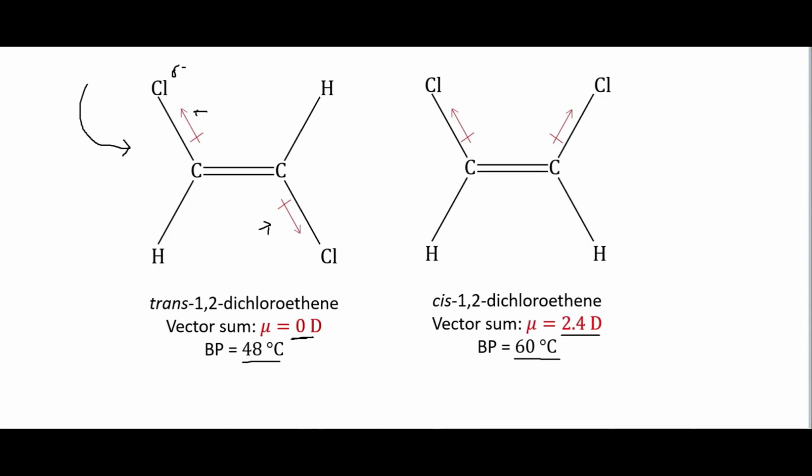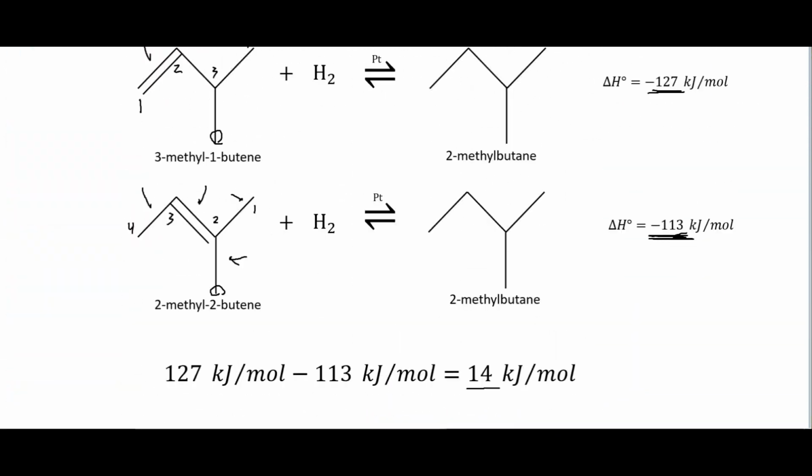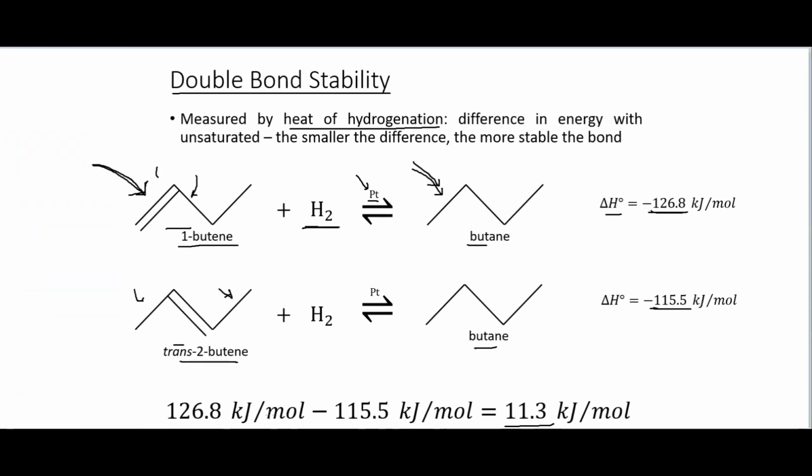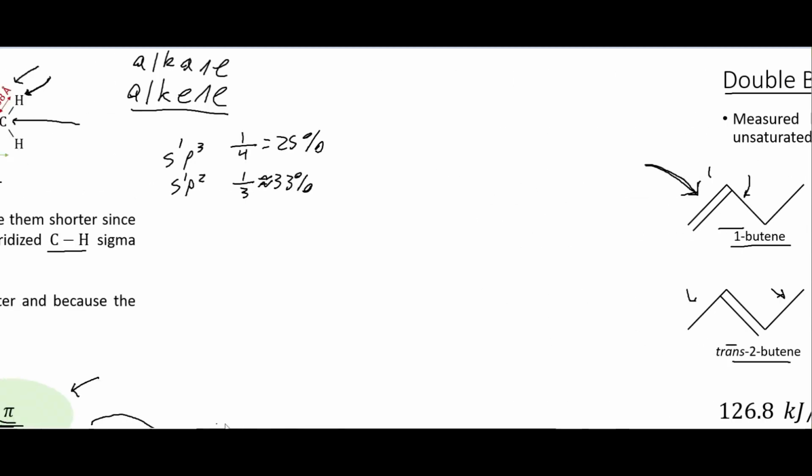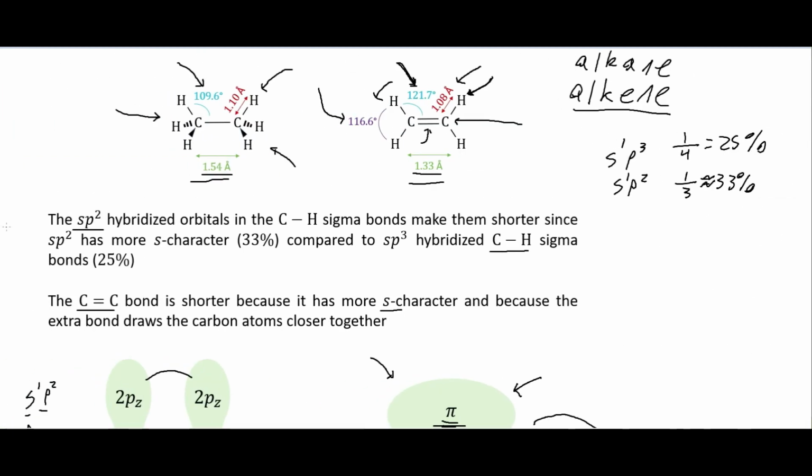This isn't the end of the chapter on alkenes, but this was the stuff I wanted to touch on before we started talking about some actual chemistry stuff, some reactions and things like that, which, like I said, do start. So the book does start talking about reactions on double bonds before it goes into this kind of stuff. So I wanted to get this out of the way first.